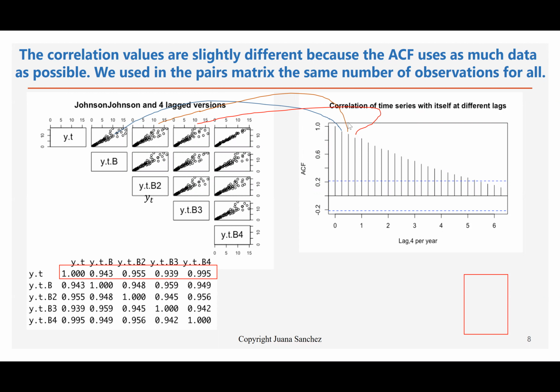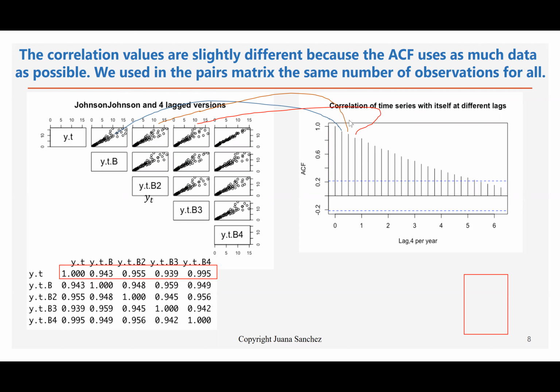The red one is the third correlation, 0.939, but it's not going to be 0.939, so I'll qualify that in a little bit, but it's representing the relation represented in this pair plot, okay?